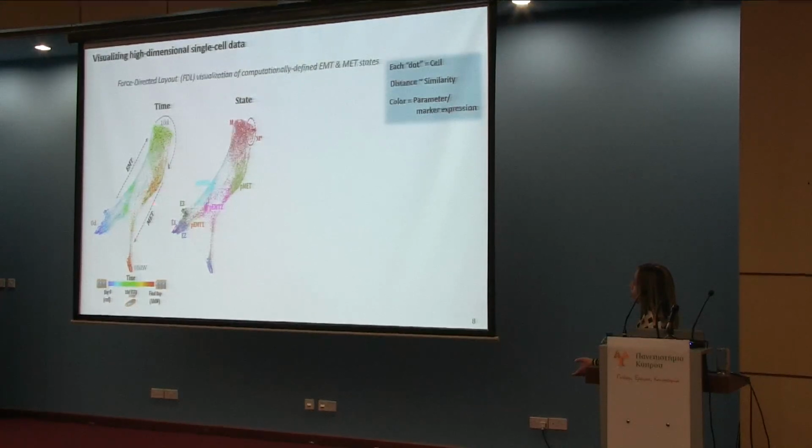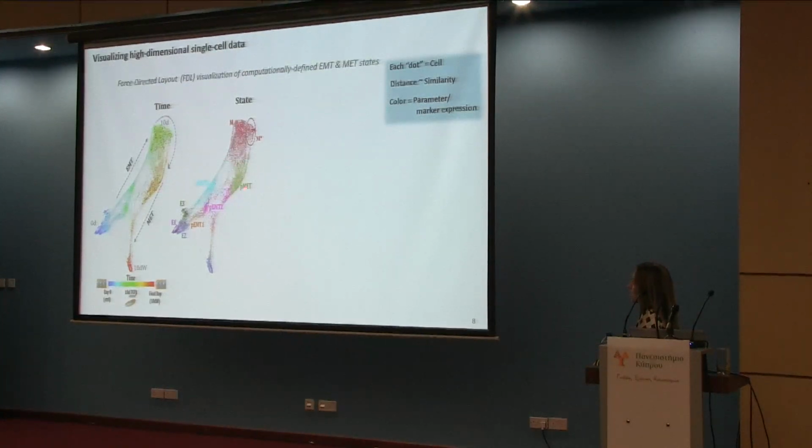But then you can color code where the states are, the ones we defined with clustering. We defined 3 epithelial states, partial EMT states, which is kind of a hybrid cell. They co-express these markers. Mesenchymal cells, and the M asterisk defines the stem-like cells. And then we defined for the first time the switch from going from mesenchymal to epithelial.